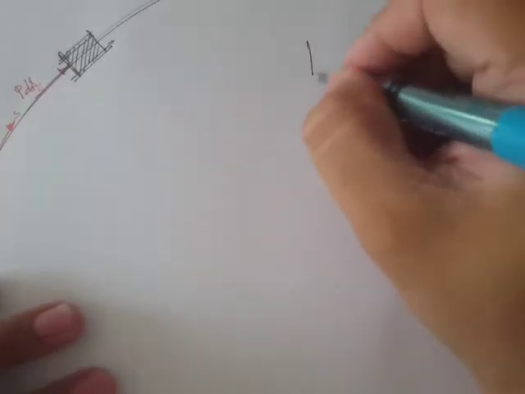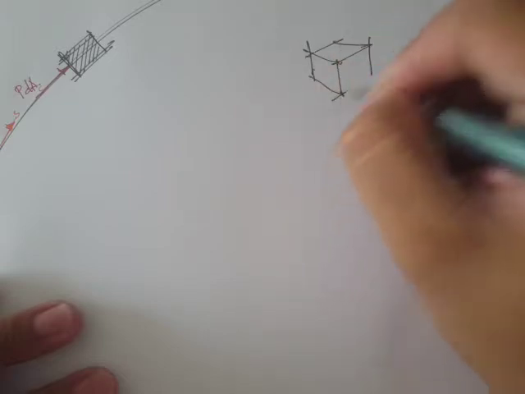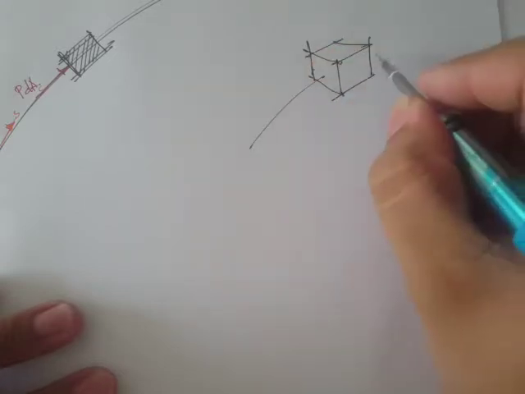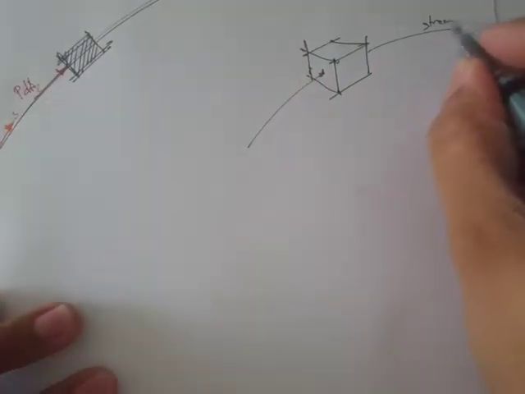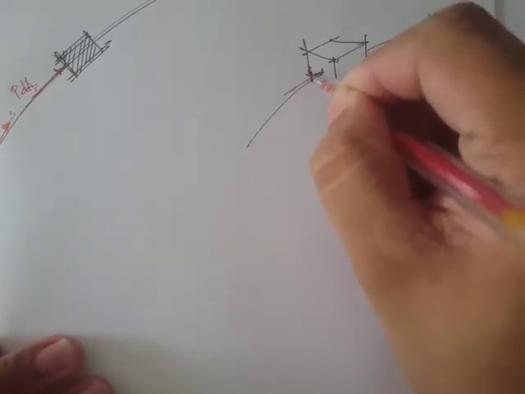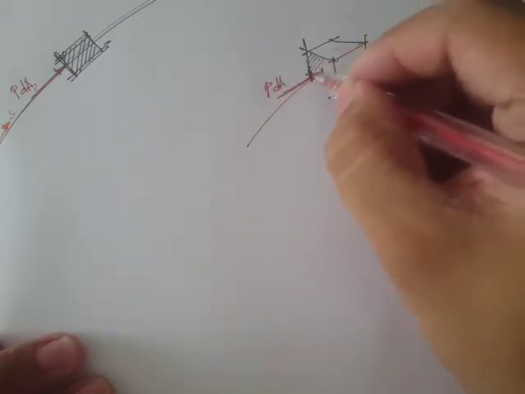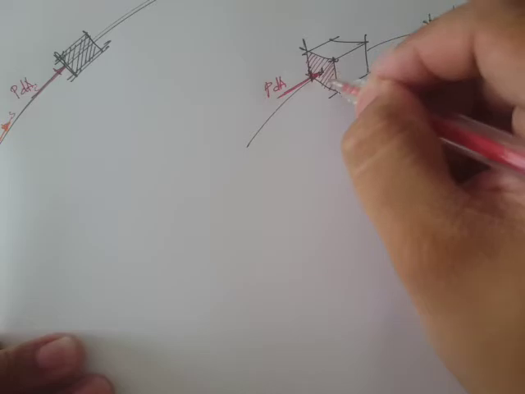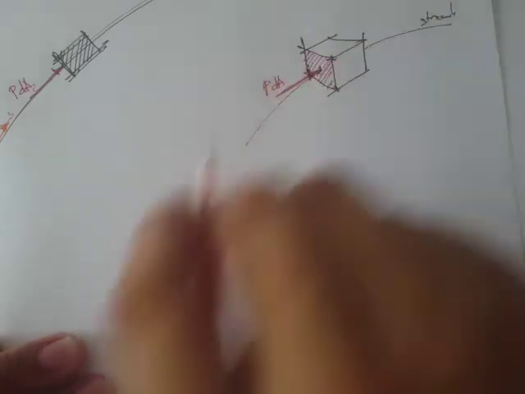If we try to draw this in three-dimensional view, this would be like this. And this is our streamline. And this is our force, which is just simply equal to the pressure times the differential area. So this differential area is actually the area perpendicular to the pressure force.